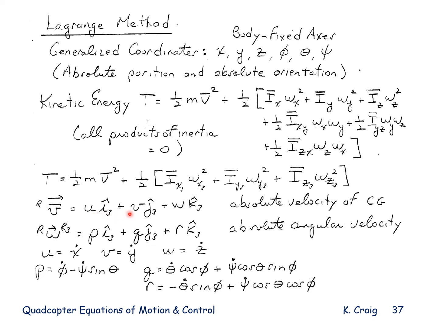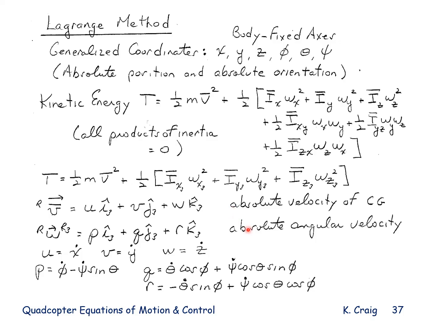But u, v, and w are components, again, in the body fixed reference system, but V bar is the velocity of the center of mass with respect to the grounded reference frame, the inertial reference frame. It's the absolute velocity of the CG.